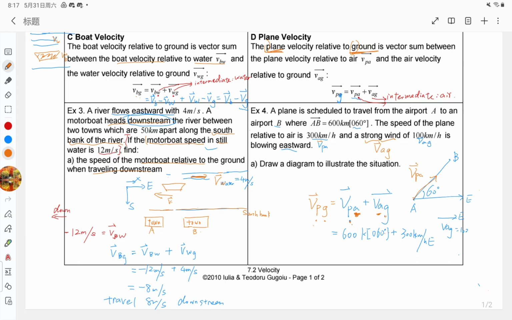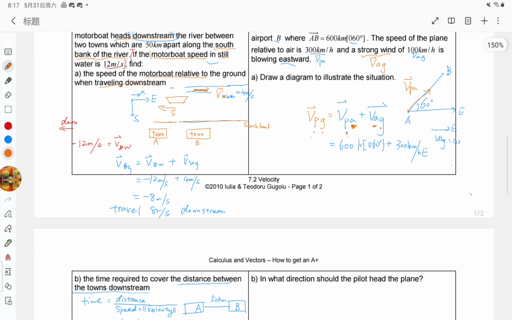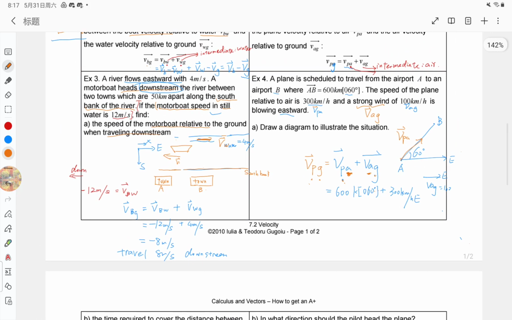So the plane is scheduled to travel from point A to point B, and the speed of the plane relative to the air and the strong wind, and see what direction the pilot should head the plane. Okay, yeah. This is an interesting question because, okay, sorry.